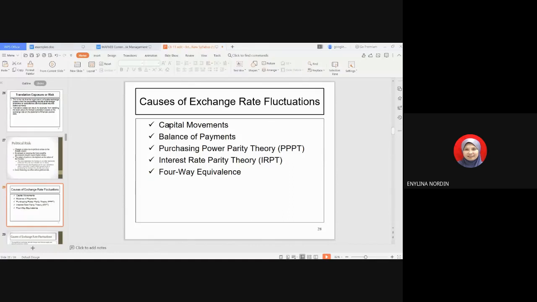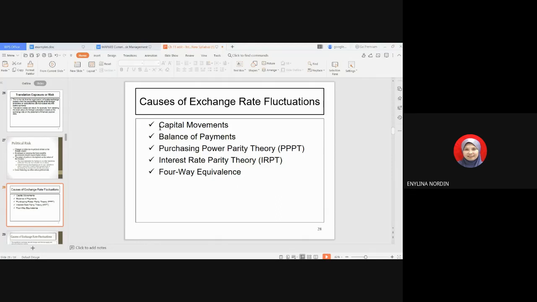So the depreciation and the appreciation of the currency can result in the different types of risk, which are transaction risk, economic risk, and also translation risk, that affect the competitiveness of import and export, and also the accounting situation, accounting information. Okay, right.